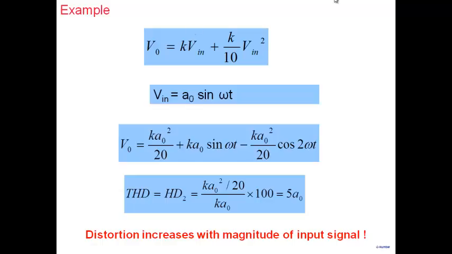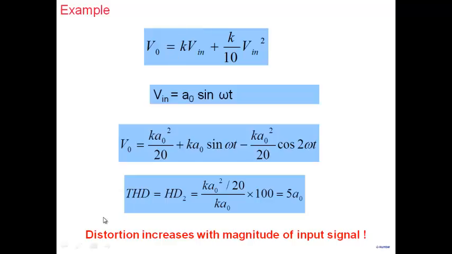Another way of stating it is, why do you want a higher output voltage? Because you want a higher output power. So as you want more and more output power, the distortion would increase. How it increases depends on the details of how the amplifier has been designed, whether it uses a bipolar or a MOS, whether there's negative feedback, and all kinds of details would decide how much the distortion is.